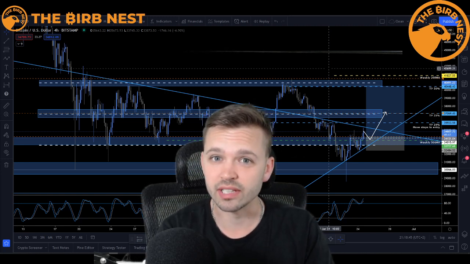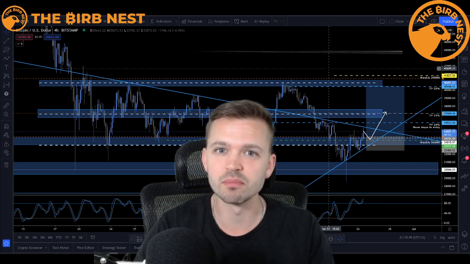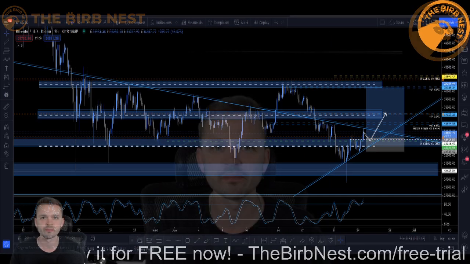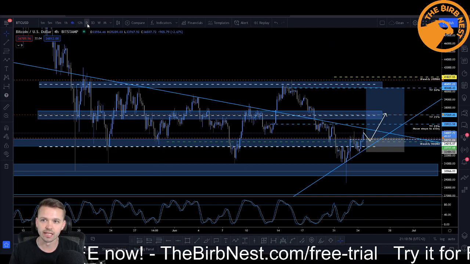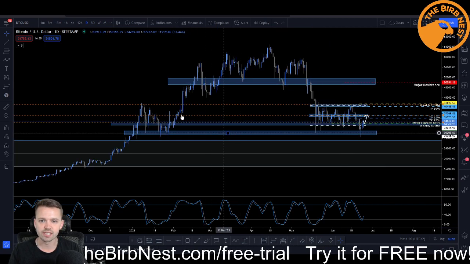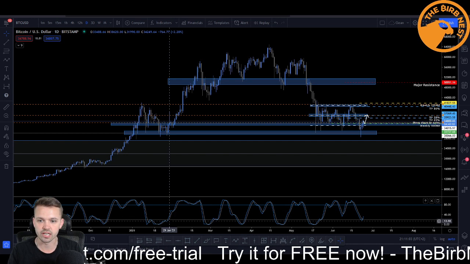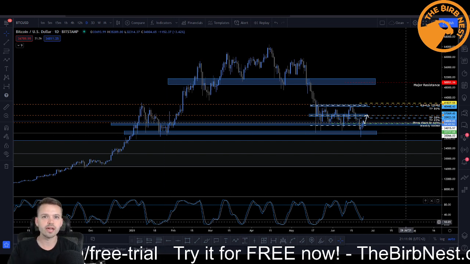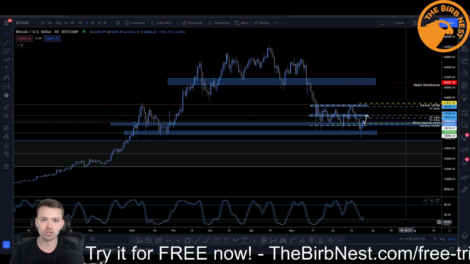So Bitcoin is looking extremely bullish, and I have a very interesting setup that I want to show you all today. All right, so this is Bitcoin USD on Bitstamp, and let me first show you something interesting here. We have the daily chart right here, and we have the stochastics RSI at the bottom. I don't think I have to show you much here. Just look at the chart and look at the daily stochastics RSI.